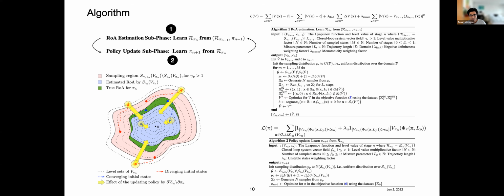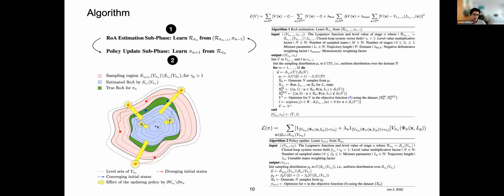This is pretty similar to the neural Lyapunov redesign, meaning that the iterative approach to learn the Lyapunov function reaches a state where we have a good approximation of the region of attraction, and now it's time to enlarge the region of attraction by changing the controller.